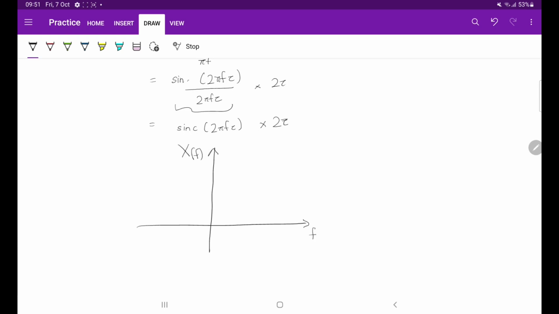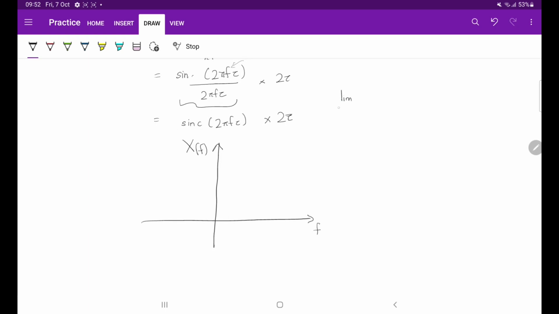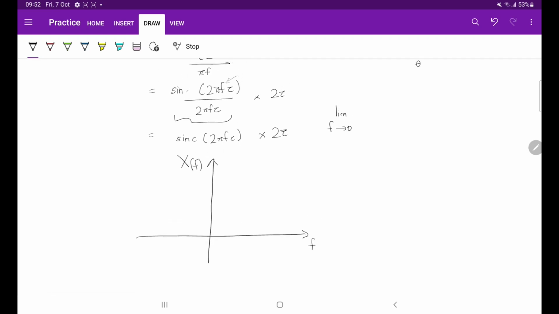First, let's assign f equal to 0 and figure out the value of X(f) when f is equal to 0. If you substitute the value of f over here, you are going to get sine 0 divided by 0, where sine 0 is equal to 0. By using the sandwich theorem that we already proved, if f tends to 0, this function sine theta divided by theta, which we represent as sinc theta, is going to be 1.